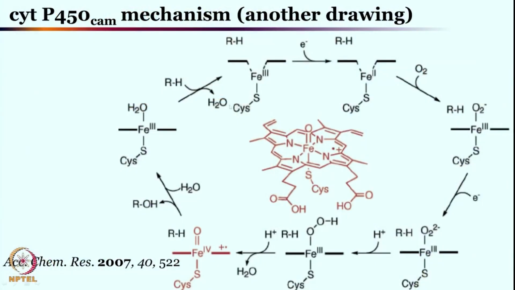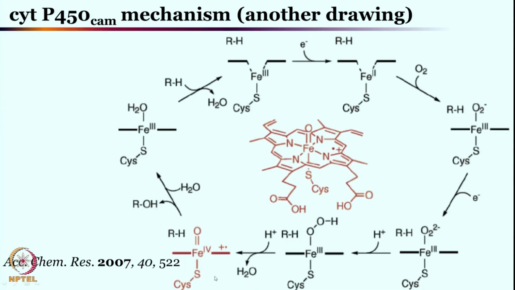Hello, welcome back to the discussion of cytochrome P450. In the last class we have seen the reaction mechanism, and this is really an exciting mechanism where you have seen that iron hydroperoxide is being formed and then the oxygen bond is cleaved in the process to give the high valent iron oxo species.